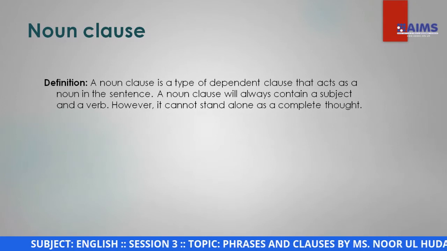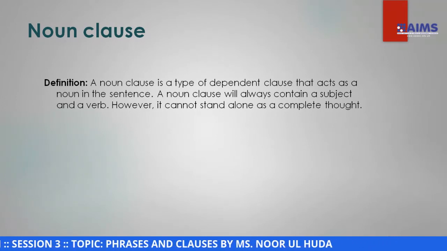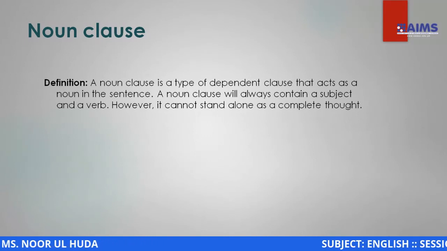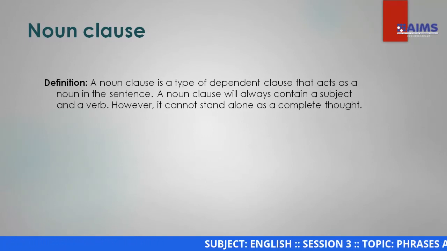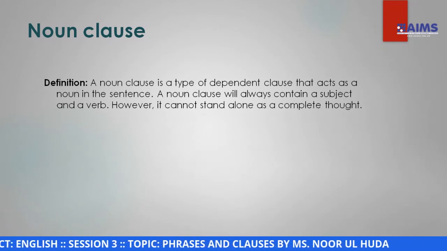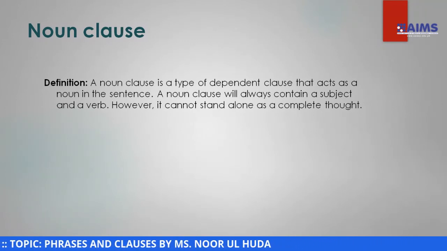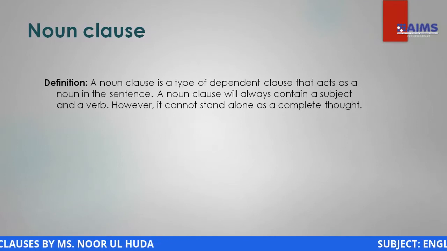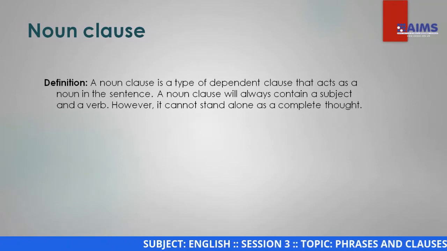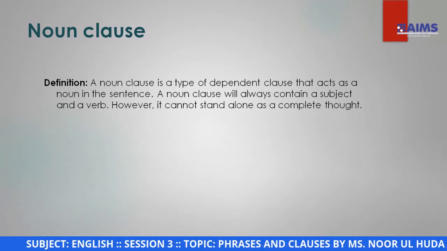On that basis we classify it as a clause. If it does not have a verb or a subject, we would call it a phrase, not a clause. A noun clause will always contain a subject and a verb. However, it cannot stand alone as a complete thought because it is giving information about a noun which is there in the sentence.